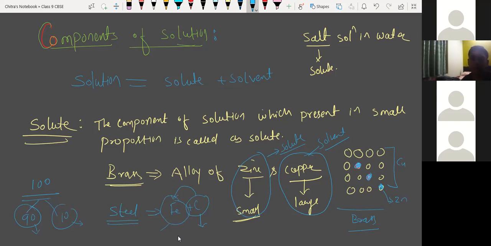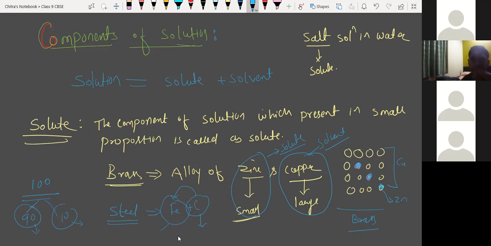I have a small question. Yes. If we take the model of 100, what if it's 49 and 51, sir? Oh, okay. Then it is not going to be distinguished into solute and solvent. There has to be a significant difference in proportion. Yes, there must be a difference in quantity or proportion in order to form a solution.